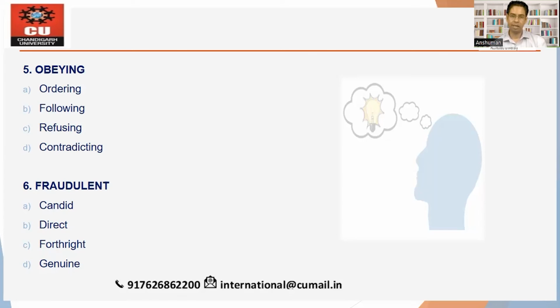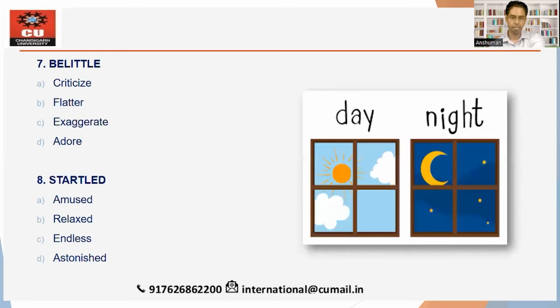So for the antonym of fraudulent, the options candid, direct, and forthright have nothing to do with the meaning of fraudulent, but genuine does. Genuine is directly the antonym of fraudulent. So if I talk about fraudulent as disguise, genuine is the antonym of disguise. Hence, the answer to question number 6 is option D.